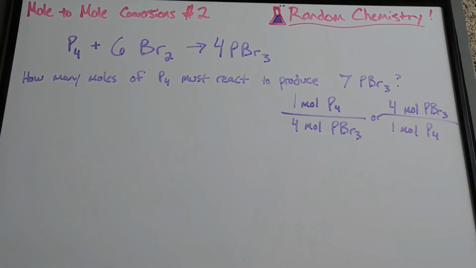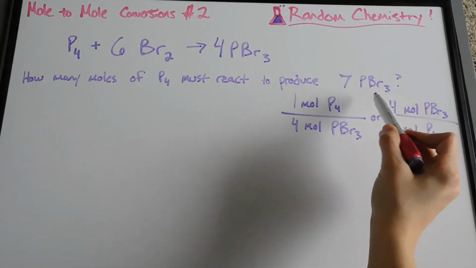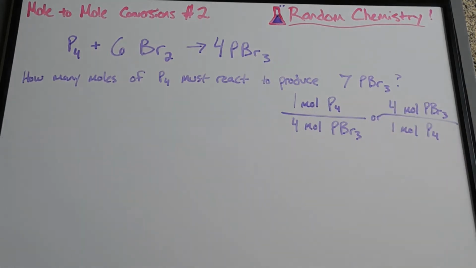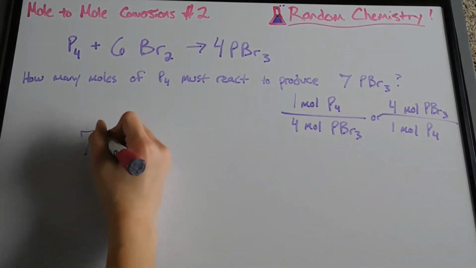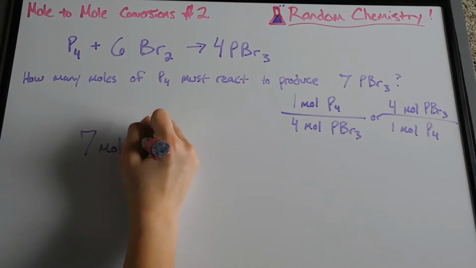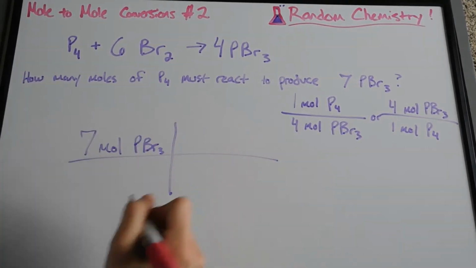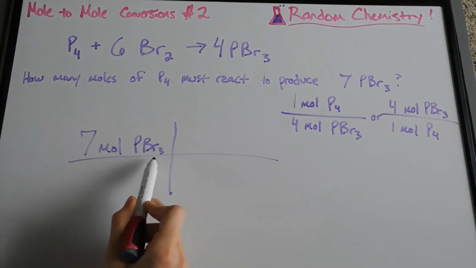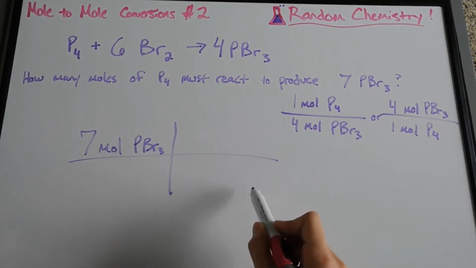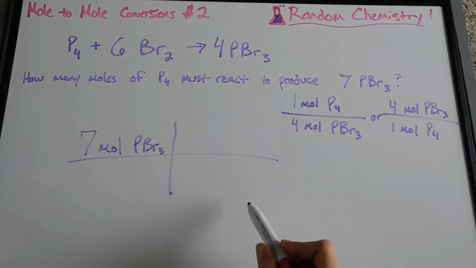So we'll start with what we're given. 7 moles of PBr3. I have moles of PBr3 on top, so I want moles of PBr3 on bottom to cancel them out.